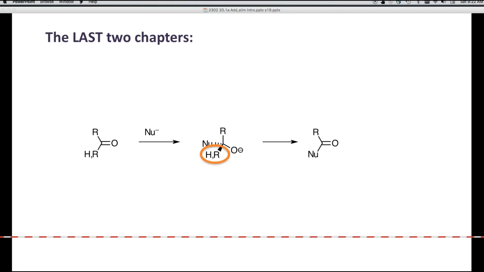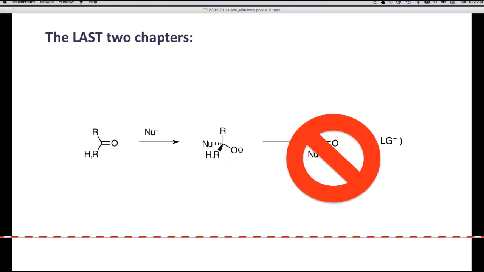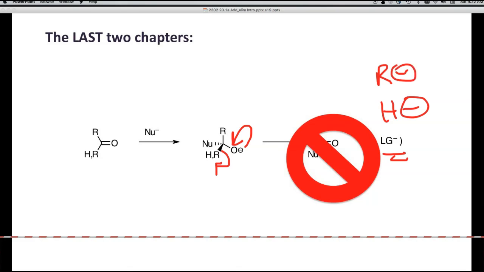And that's because we have the aldehyde and the ketone. And we will never, ever kick out H- or R-, because that would be a very bad thing to do. Very unstable.